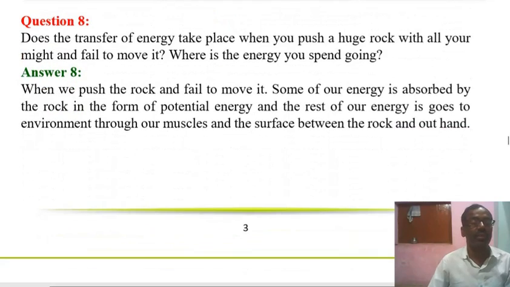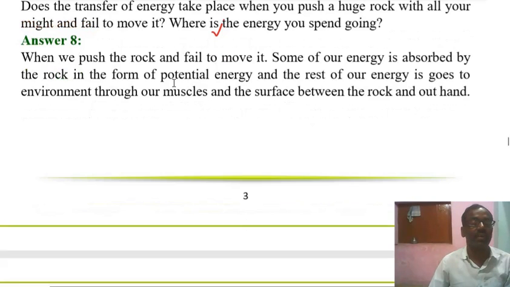Let's see question number 8. Does the transfer of energy take place when you push a huge rock with all your might and fail to move it? What is the energy you spend going? So the answer of the question will be in this way.